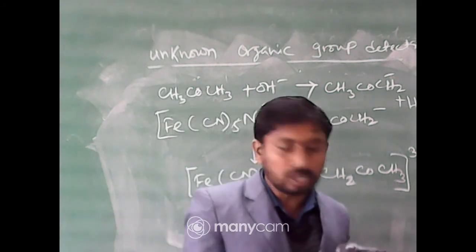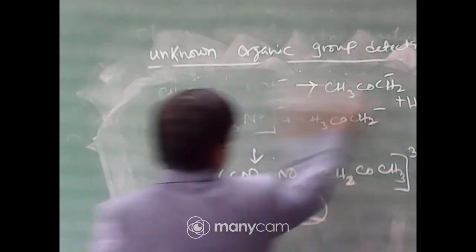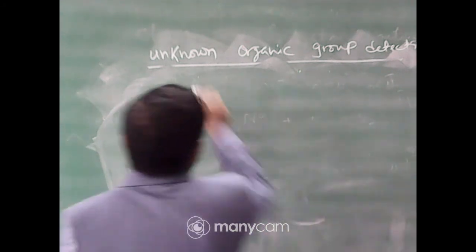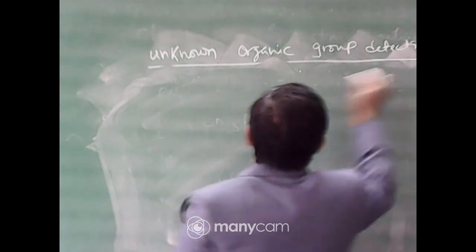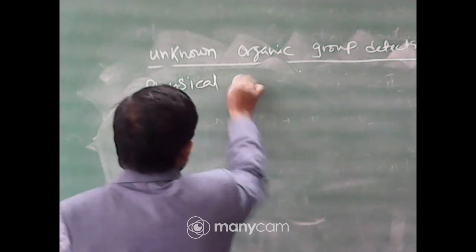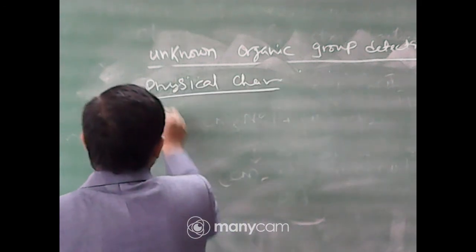Now if ketone is present in your sample, then how to write it? So the final title will be detection of unknown group in organic sample or unknown organic group detection. Now the physical appearance or physical characteristics, in that section you will write the physical state.